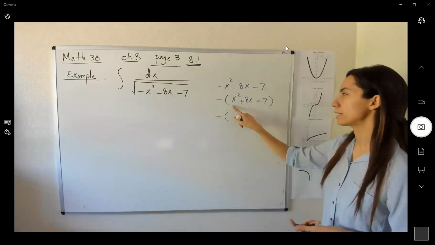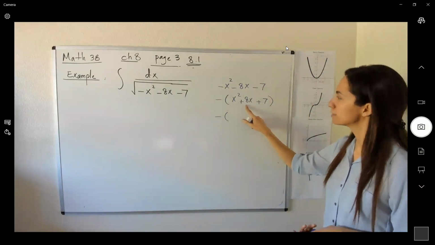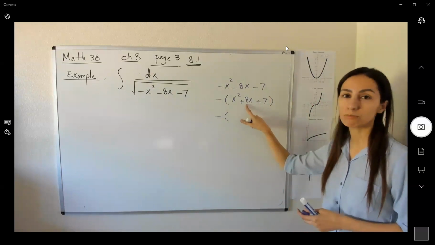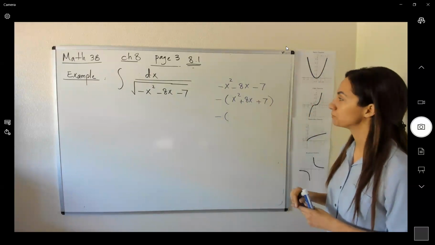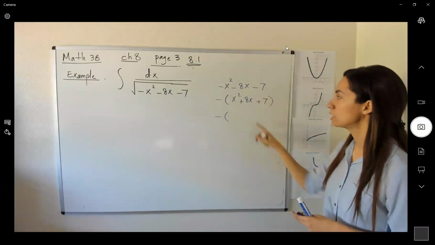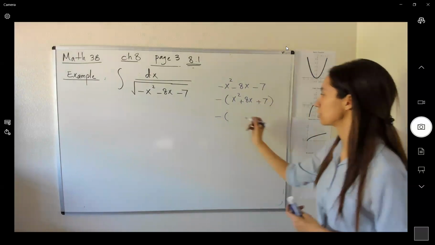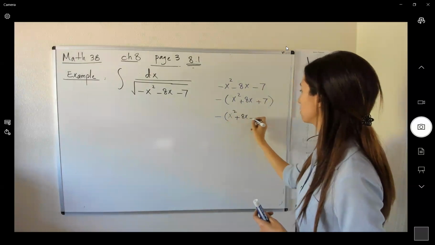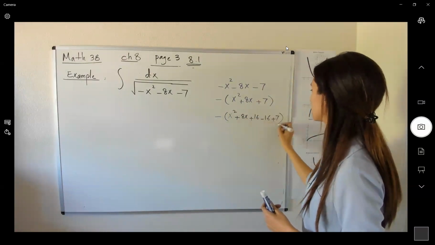So you have x squared plus 2 times 4x, and I have 7 here. So b divided by 2 is going to be 4. 4 squared is going to be 16. So let us add and subtract 16 to this expression. You get x squared plus 8x plus 16 minus 16 plus 7.